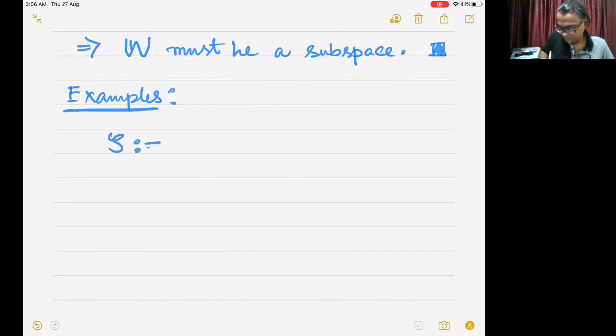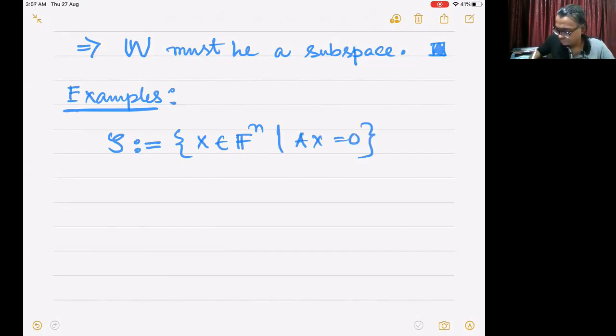Define S to be the collection of all x's in F to the n such that Ax is equal to 0, the solution set of a homogeneous system of equations, where of course A is a matrix in F m cross n. It's an m cross n matrix with entries coming from a field. This is a subspace. Why?